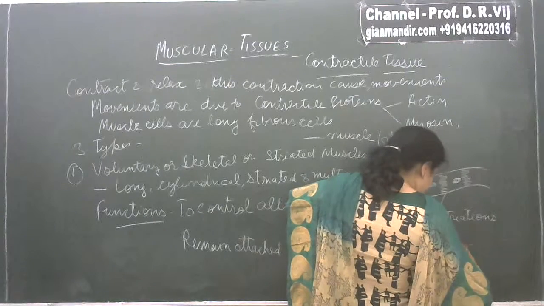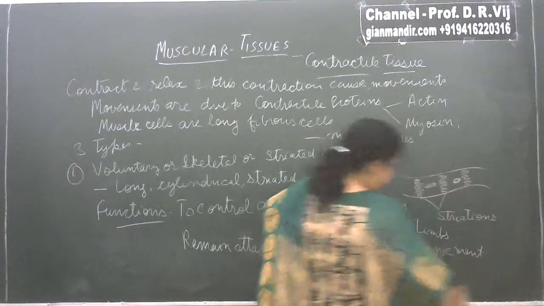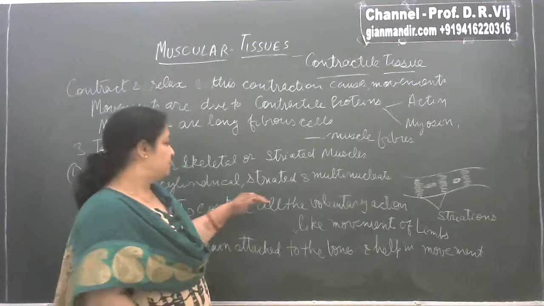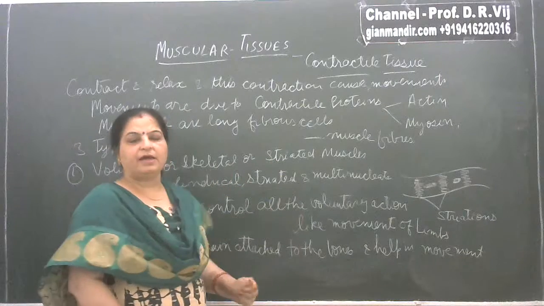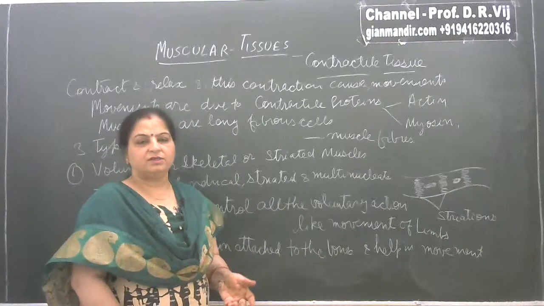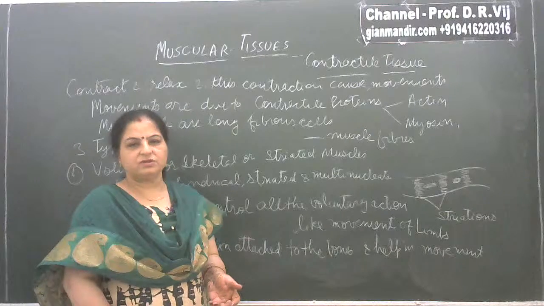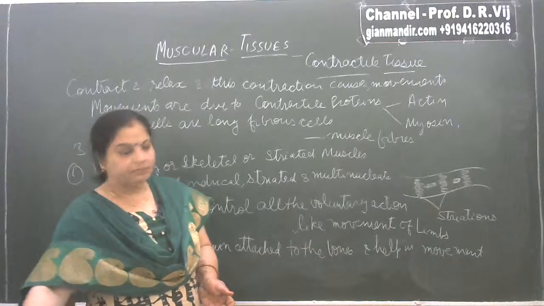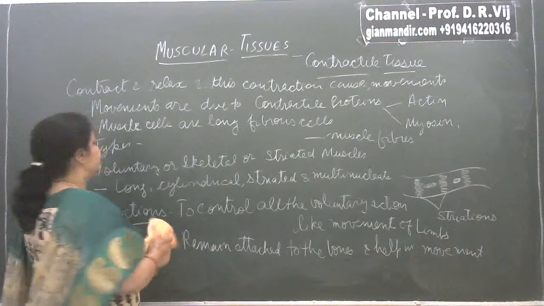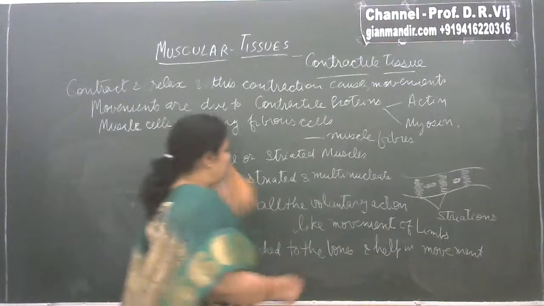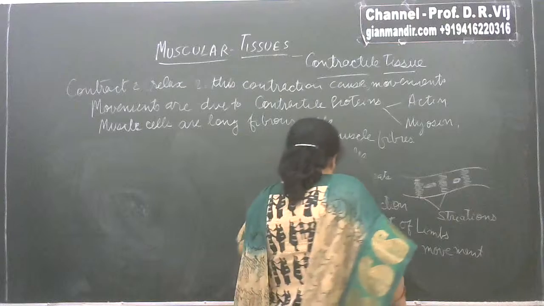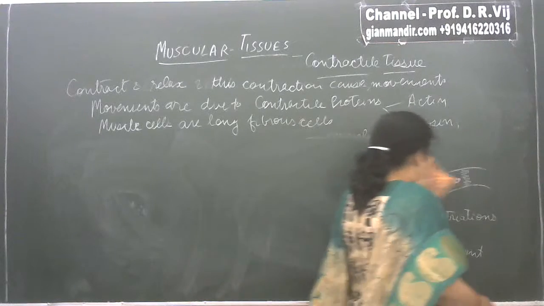As they remain attached to the bones, that's why they are also known as skeletal muscles. And as you have seen, they have alternate dark and light bands, because of which these are also known as striated muscles. The second type of muscles which you can observe in animals are involuntary muscles, or smooth muscles, or unstriated muscles.